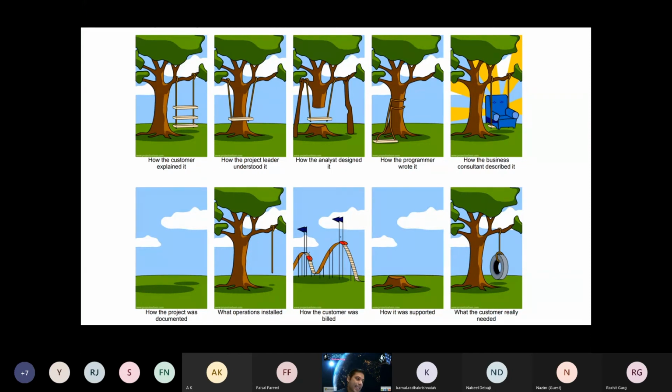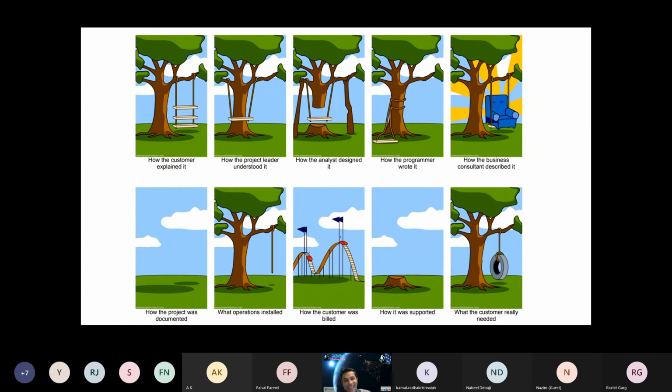Look at this: how the customer explained it, which is really interesting; how the project leader understood it, which is slightly more interesting; how the analyst designed it, which was, he or she absolutely killed it.